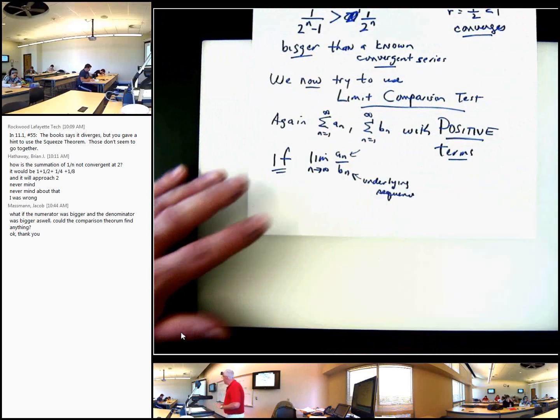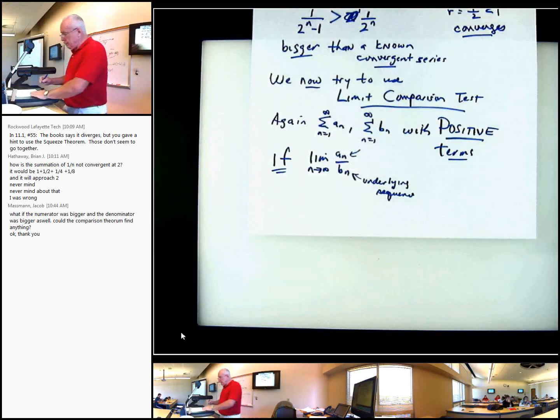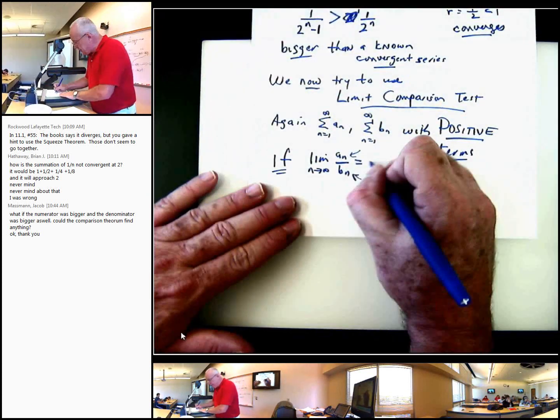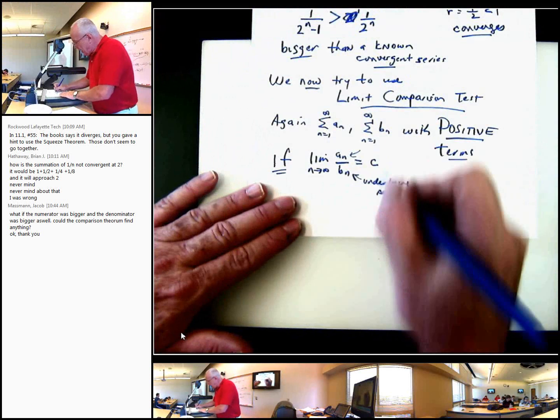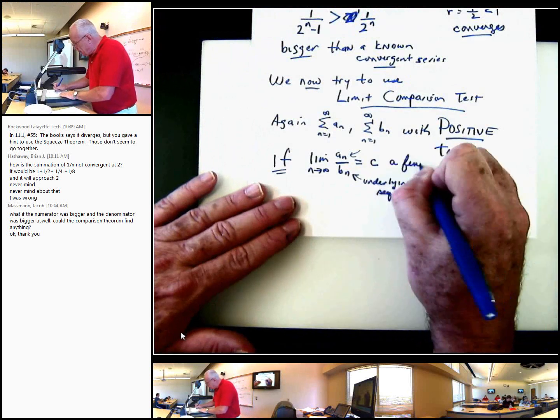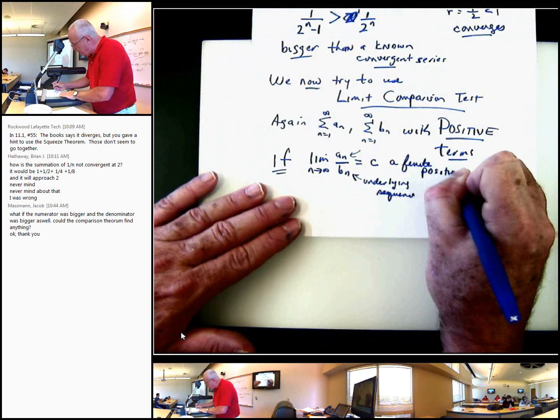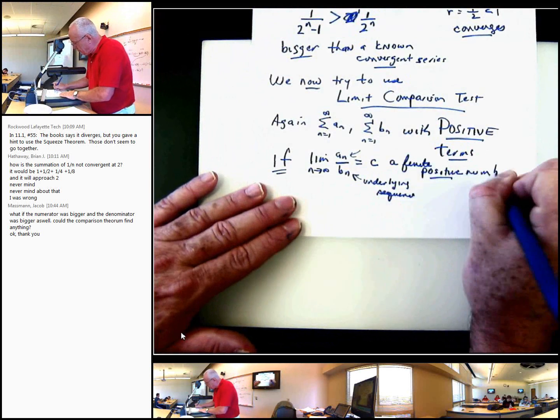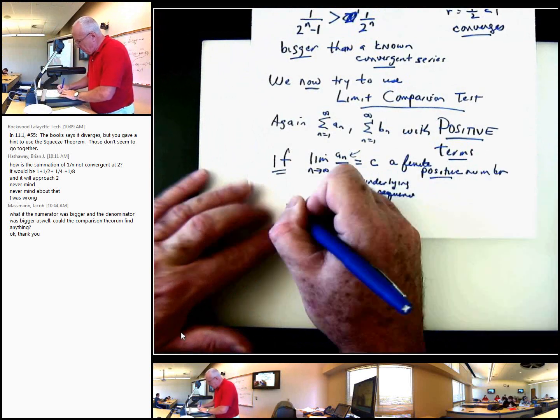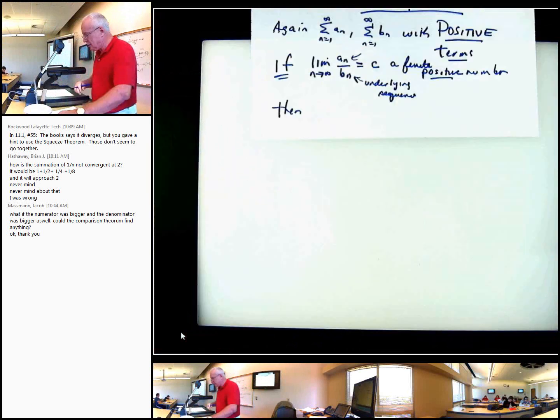And we look at the ratio, and we take the limit as n goes to infinity. If this equals c, a finite, positive, not zero, positive number, then we have the following that we can conclude.